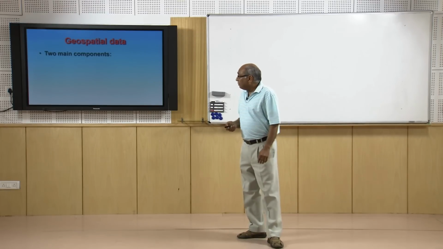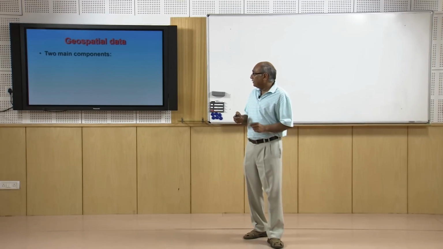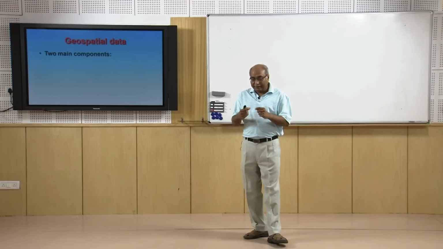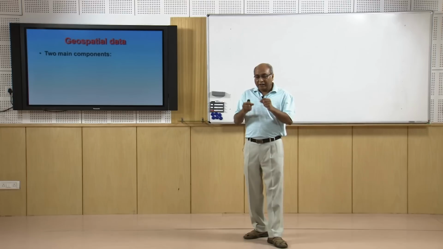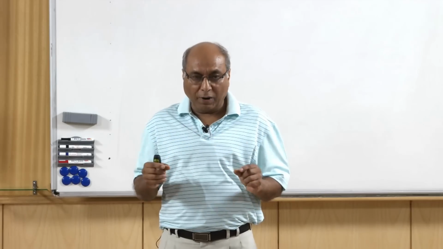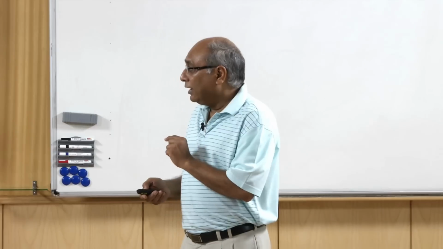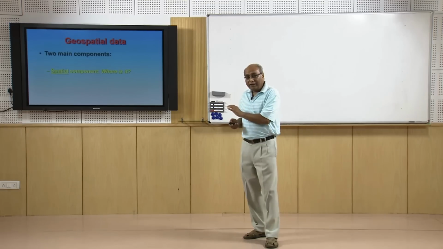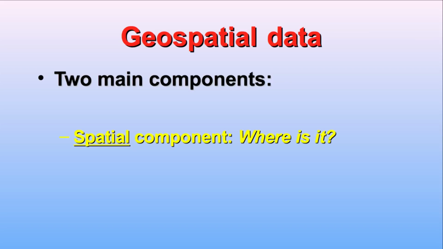As mentioned earlier, the geospatial data which goes into the GIS can be divided into two major parts. One is spatial data, which has the real object location. For example, the location of a house.